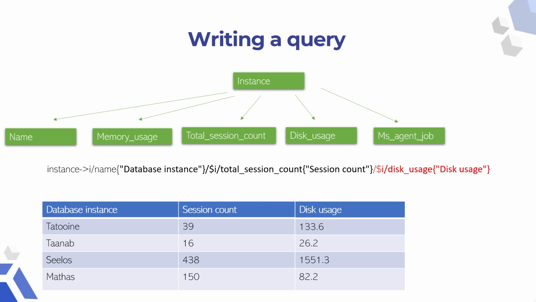Now we've added disk usage alongside the query, and we get the view that contains multiple key metrics for that database instance. And now we have something that can solve our initial problems of querying and merging data from multiple database instances using different aliases.